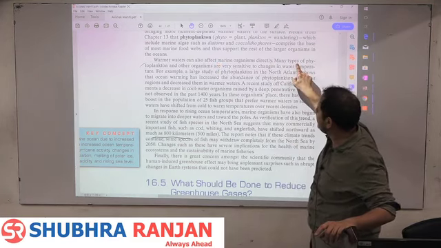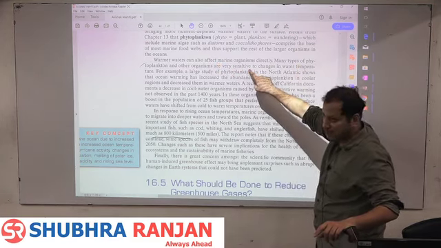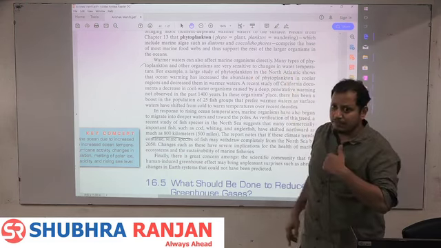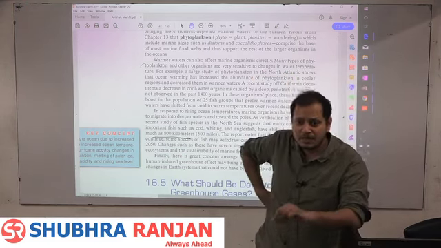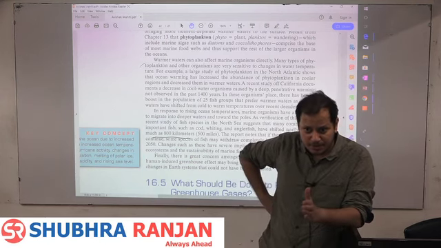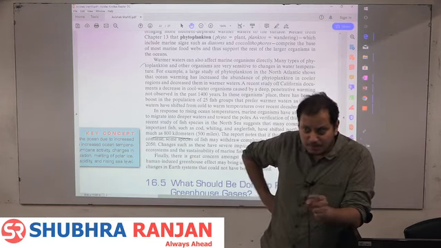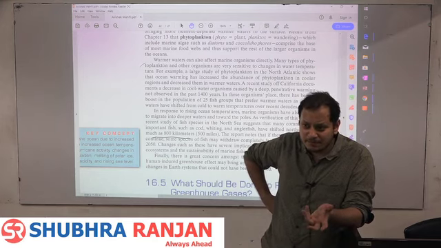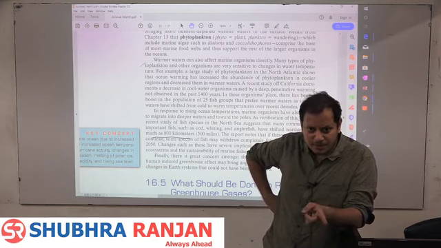Many types of phytoplanktons and other organisms are very sensitive to the changes in water temperature. See, earth living organisms are not that sensitive. We can adjust to the wide range of temperature on earth, but marine organisms, जहाँ पे temperature कभी इतना change ही नहीं होता, they are very sensitive to the changes.